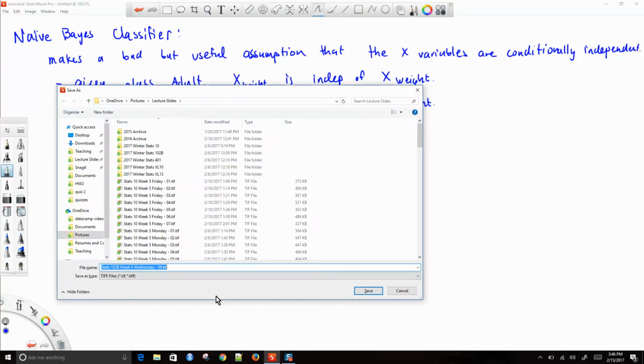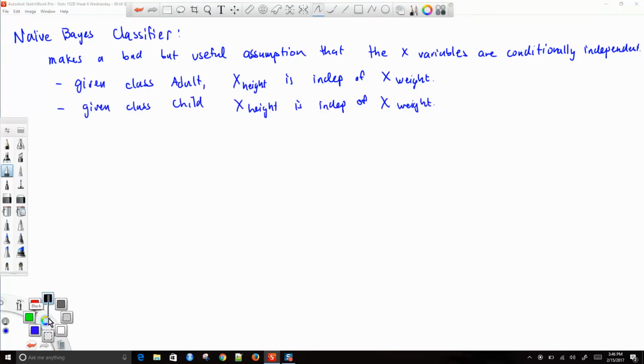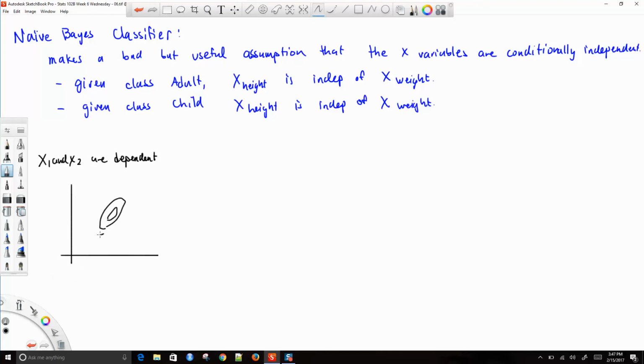Okay, so when you draw contour plots, if x1 and x2 are not independent, are dependent, then you might get contour plots that go at angles.